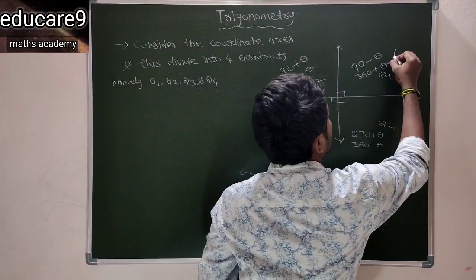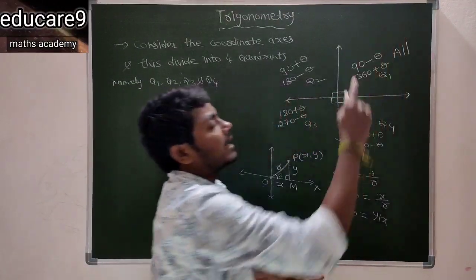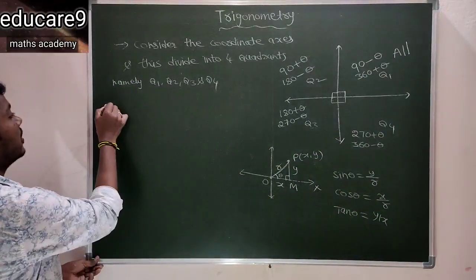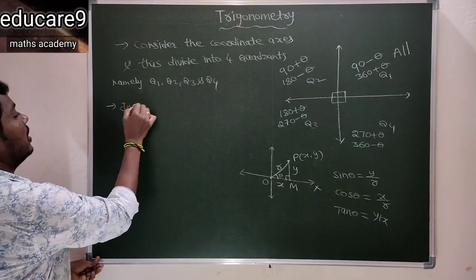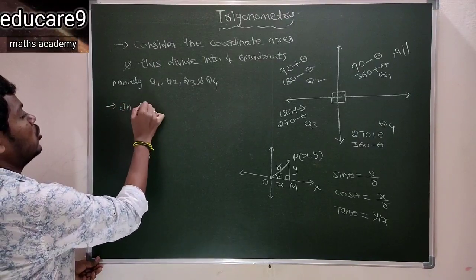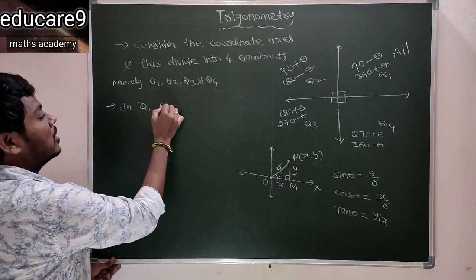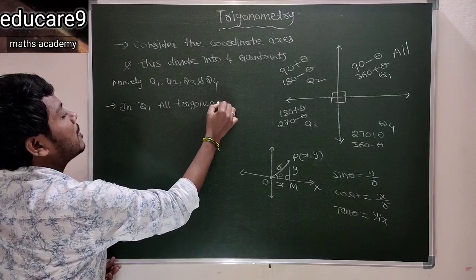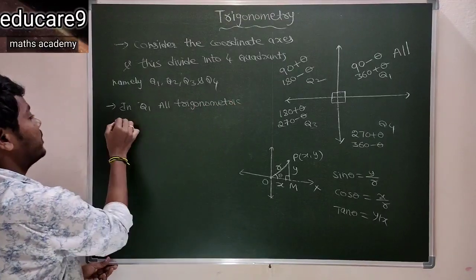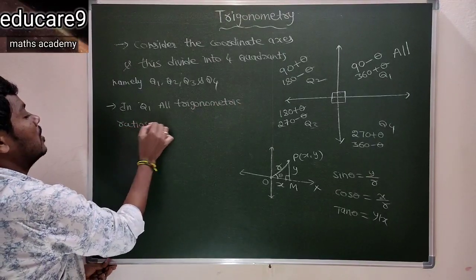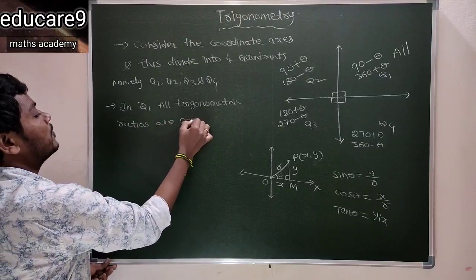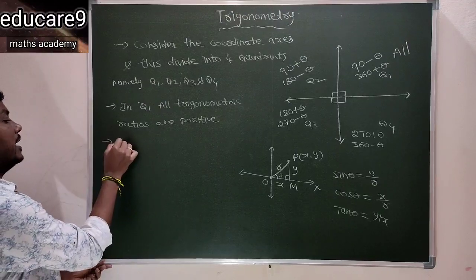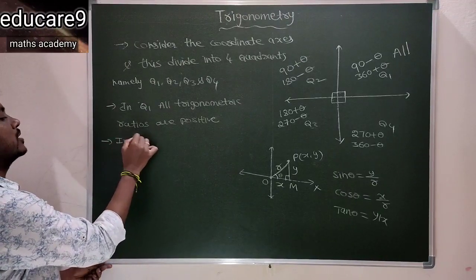Therefore in the first quadrant all trigonometric ratios are positive. Right here, in Q1, that means the first quadrant, all trigonometric ratios are positive.